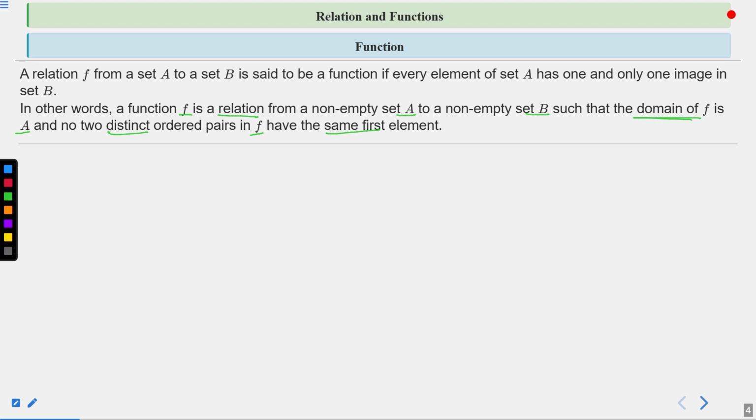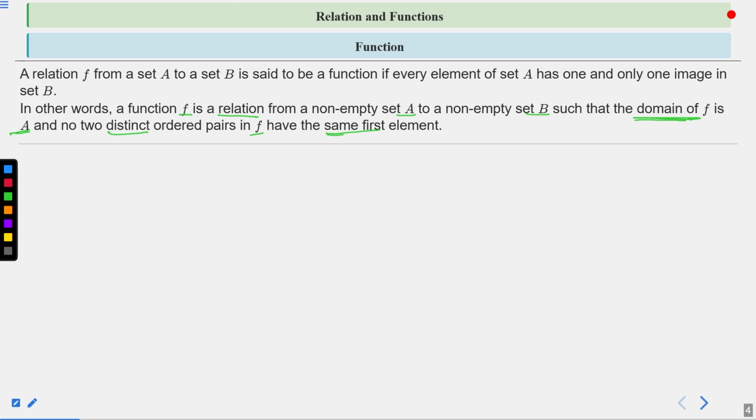So we want, first, that the domain of the relation f must be the complete set A. Second, if you pick any two ordered pairs from your relation set and they are distinct, then they do not have the same first element.